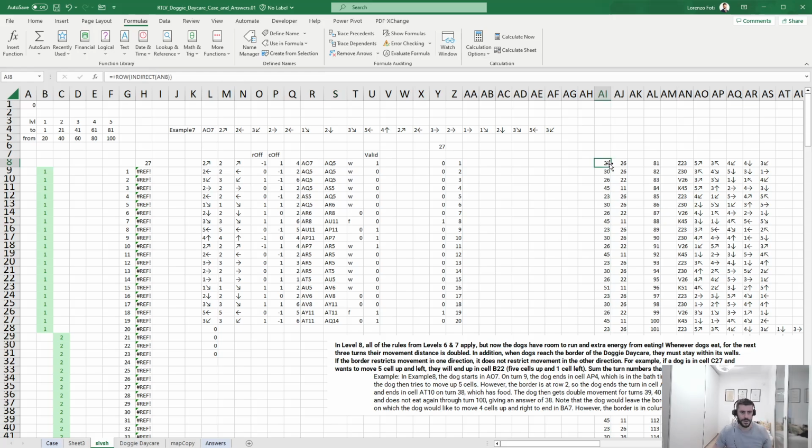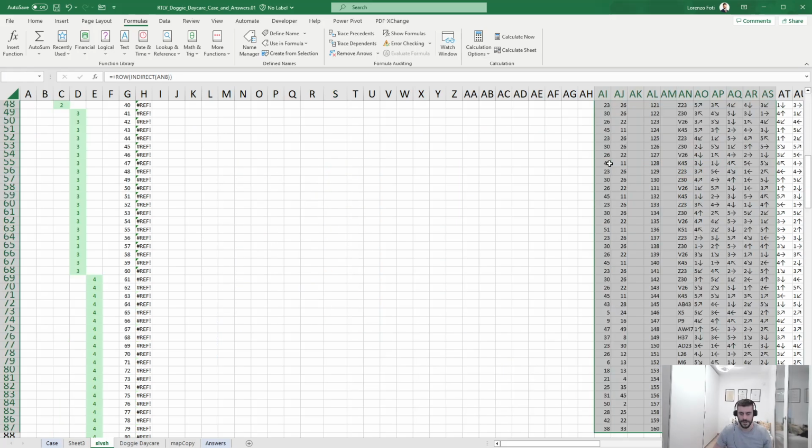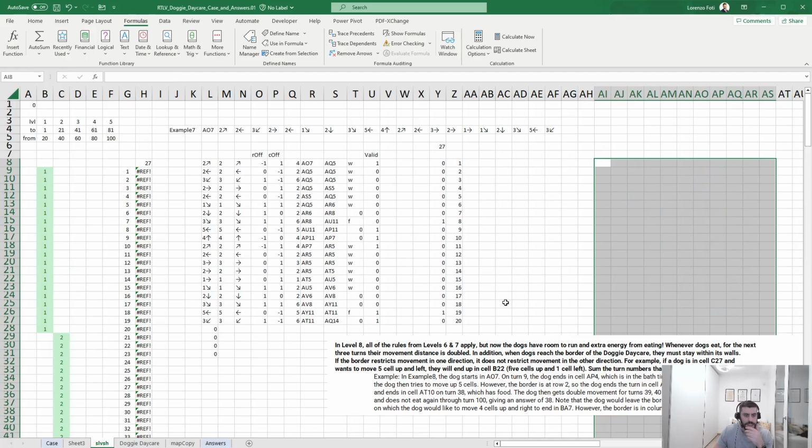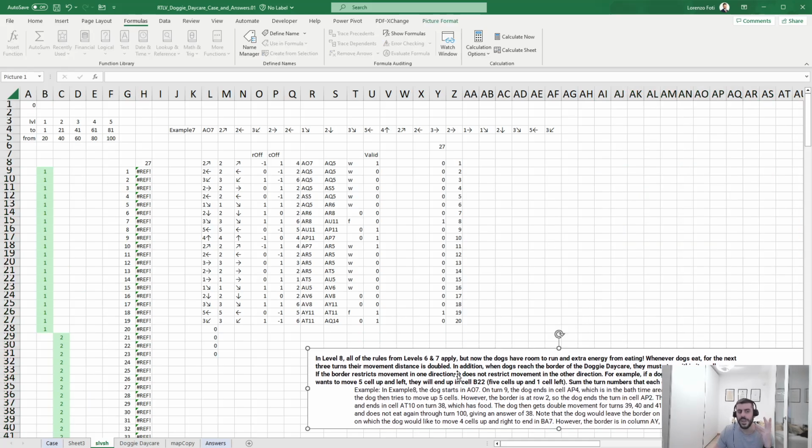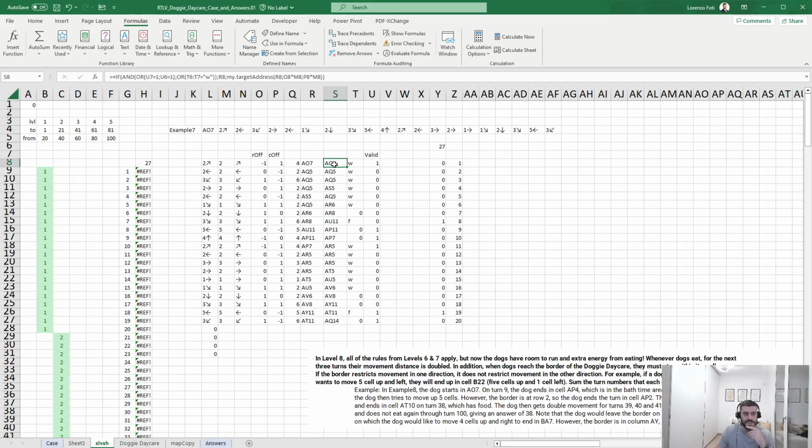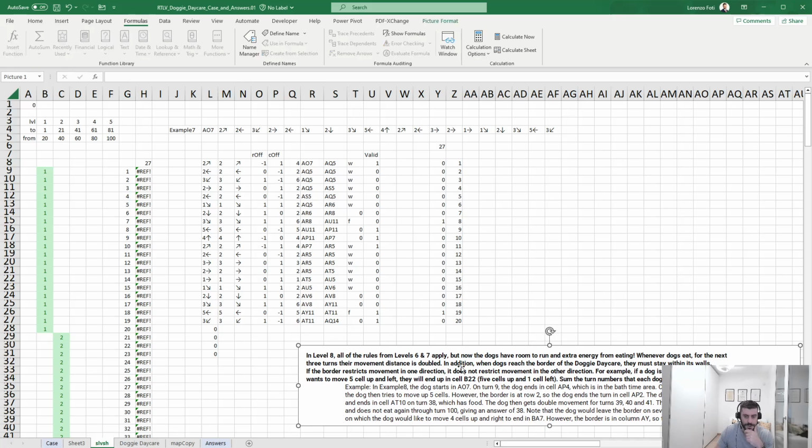I will probably go and build one after this battle, and so I will need to build again the logic to understand what is the target cell with the management of the boundaries. That's not complicated, but not a 30-second thing. Plus you have this extra energy thing that you need to manage. So for the next 3 turns, their movement distance is doubled.